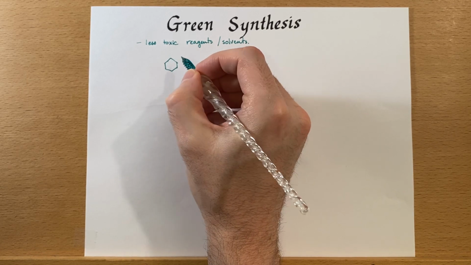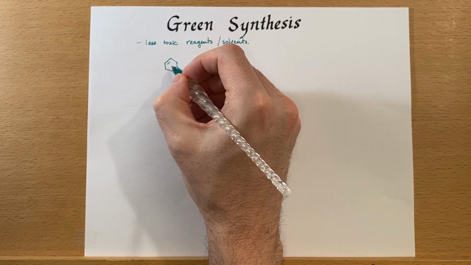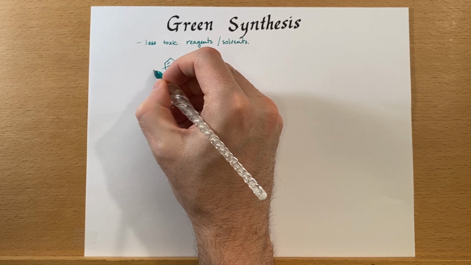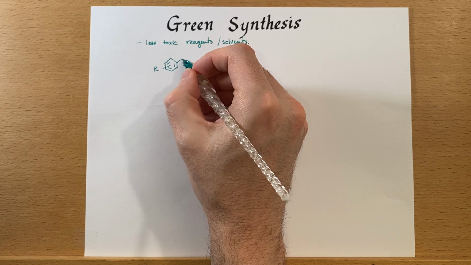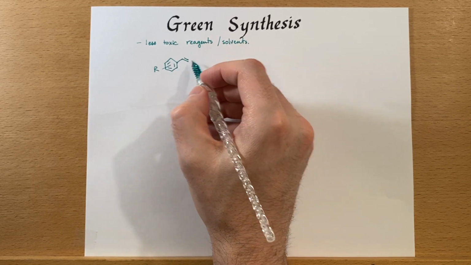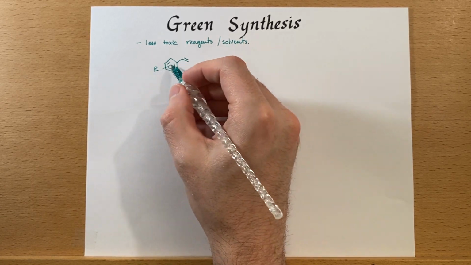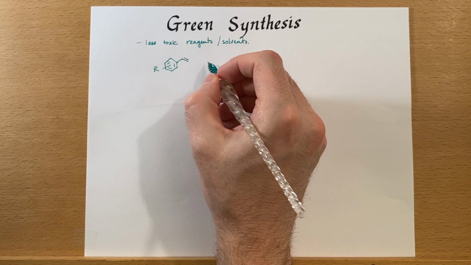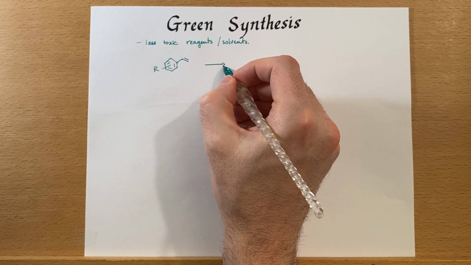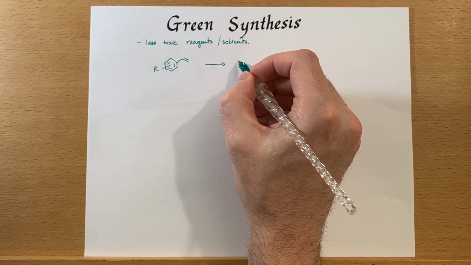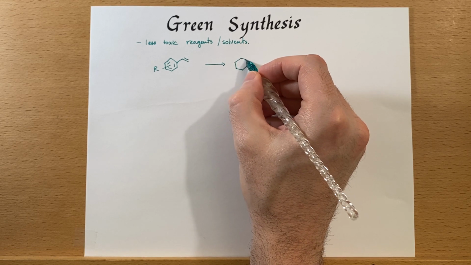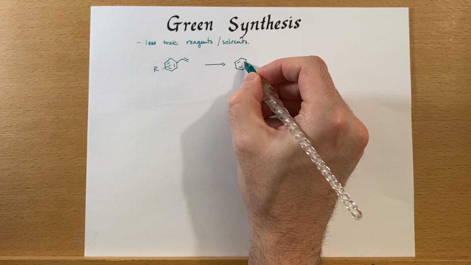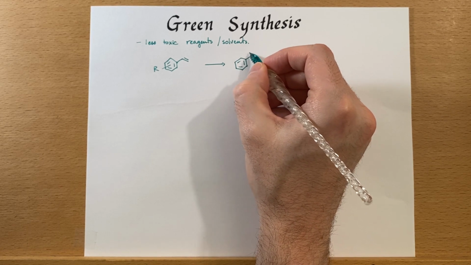If we're going to do an electrophilic addition, I'll just put some substitution off of this benzene ring. So we'll choose a styrene, some kind of styrene derivative. And we would like to transform this into the alcohol. And we'll go ahead and do Markovnikov addition on this because we have a few options available.